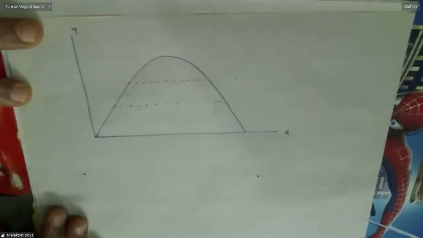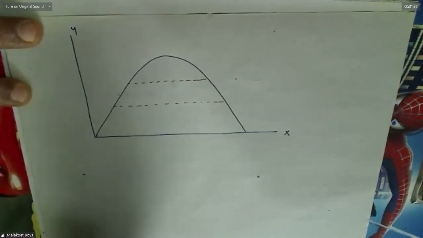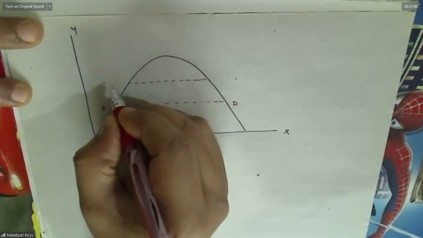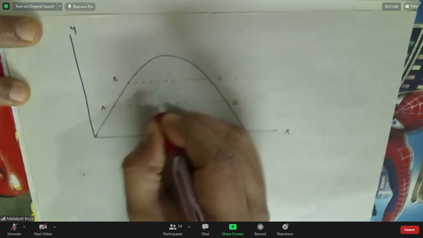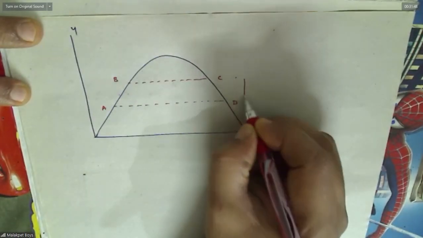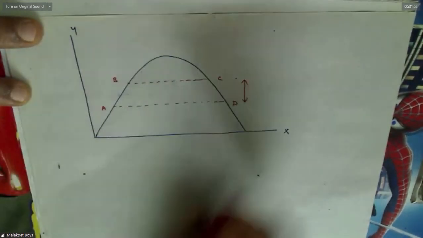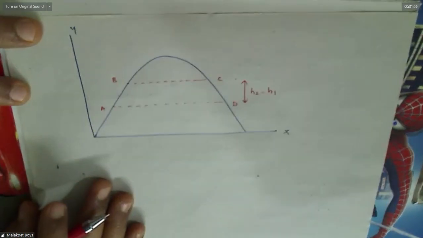See here, there are two lines, AD and the other one BC. The difference in this line is given as H2 minus H1. Okay.